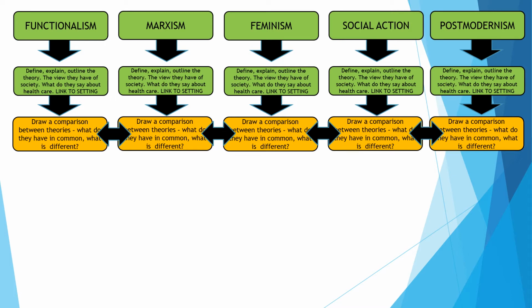It's macro. It agrees with feminism that there's a conflict in society. It disagrees with postmodernism because it takes the view that we are controlled by capitalism rather than we have free will and free choice. So again, it's the idea of identifying how it is similar and different to other theories. That's the first part of hitting the extension of discussion and pushing into merit.